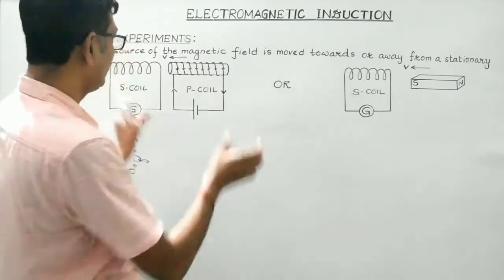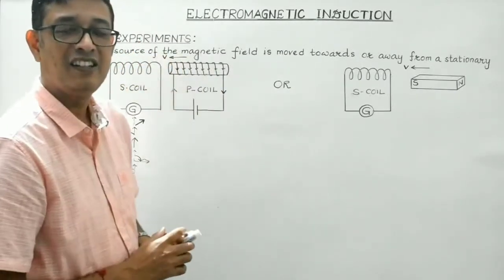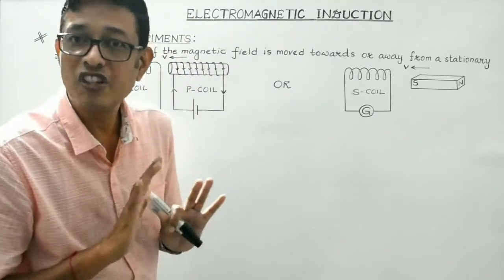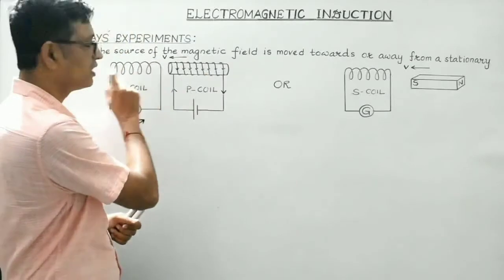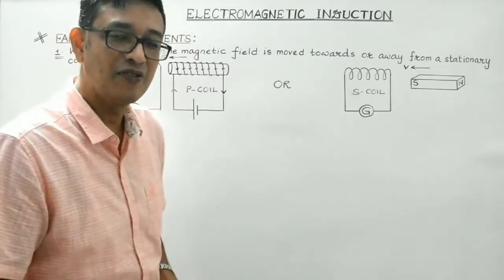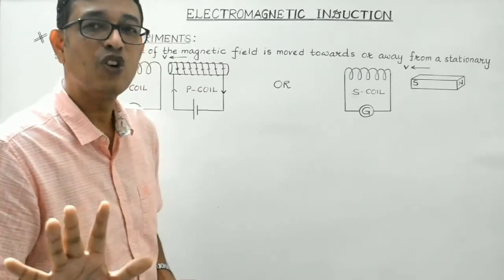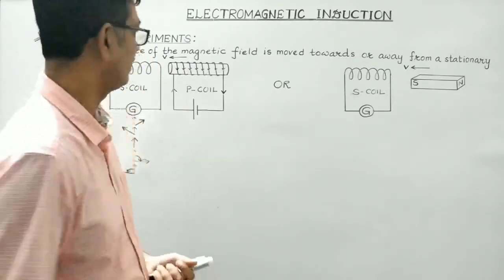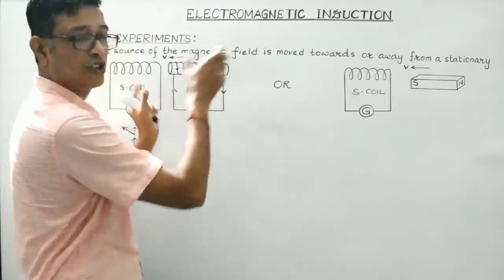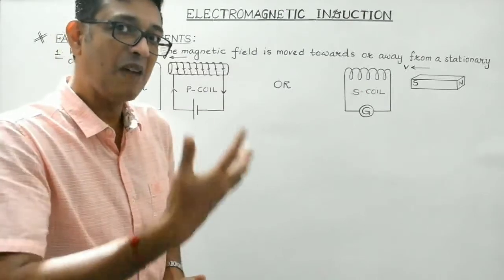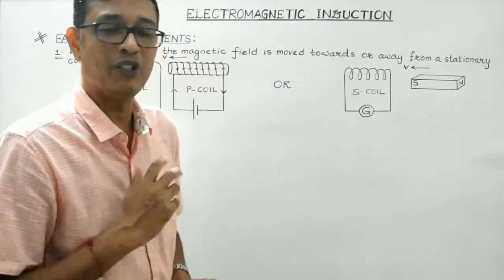In case both are held stationary, then in the absence of relative motion, there will be no change in the magnetic field lines crossing through the S coil. So in the absence of any change in the magnetic field, the current induced in the coil would be zero. And students, most importantly, the faster the relative motion between these two, the more is the magnitude of the induced current so produced.